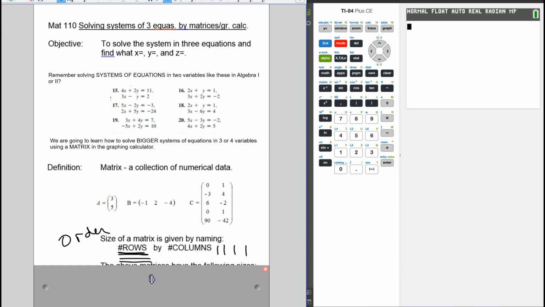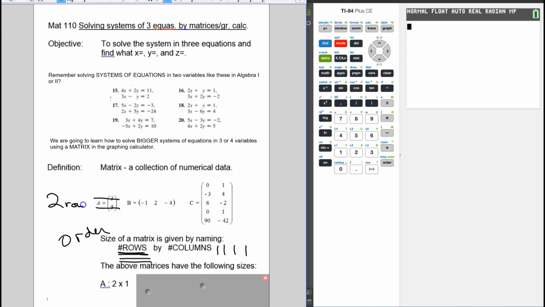So these above matrices, A is 2 by 1. It is 2 rows by just one column going up and down. So 2 by 1. The middle one, are you thinking what it might be?